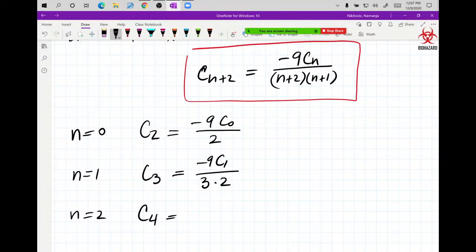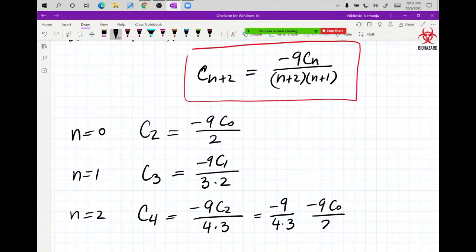C4 is going to be negative 9 C2 over 4 times 3. But hold on, right? It's negative 9 divided by 4 times 3, and your C2 is negative 9 C0 over 2. Awesome. 4 times 3 times 2.